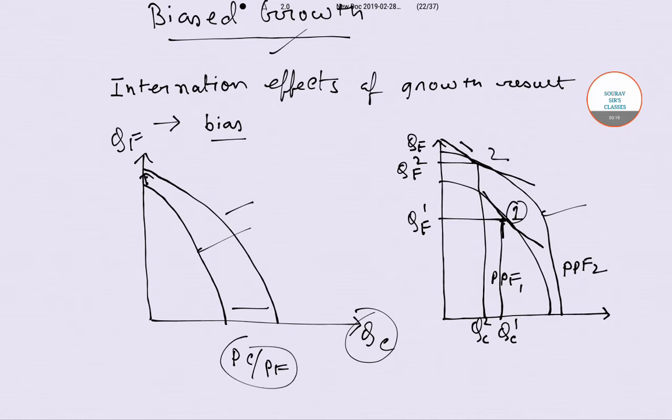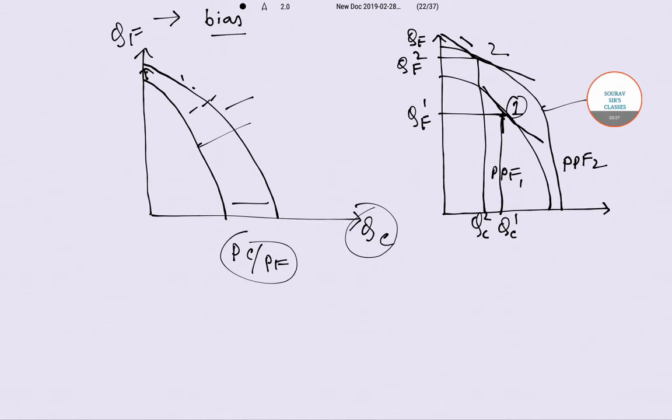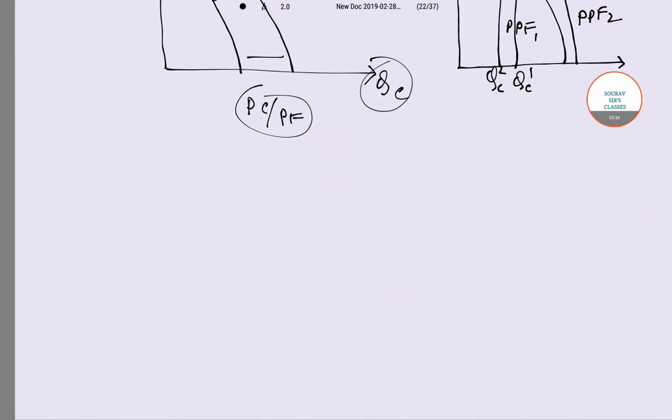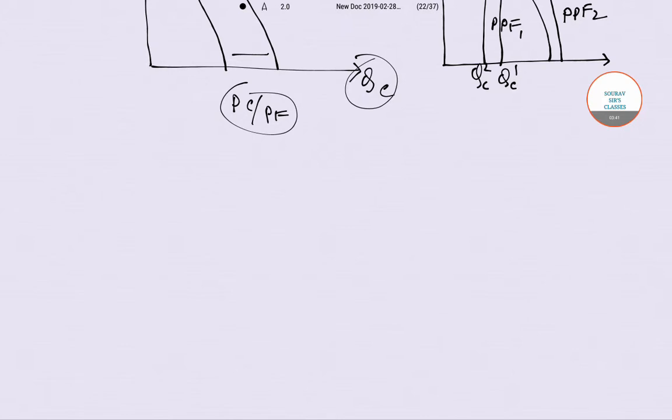Growth is biased when a country's PPF shifts out more towards one good than towards another good. That is, the shift in PPF, as you can see, is not smooth or symmetric. Now I'll talk about the two main features of biased growth.